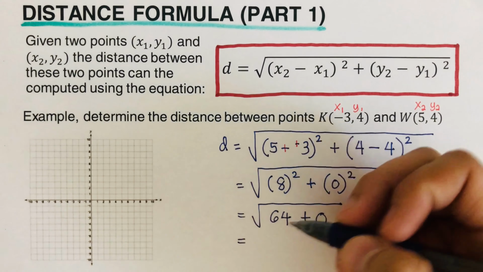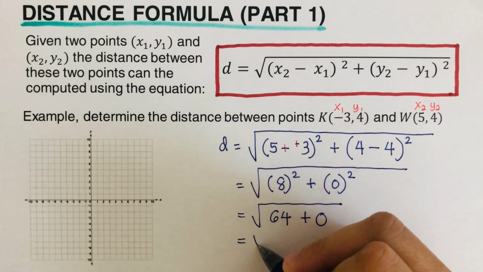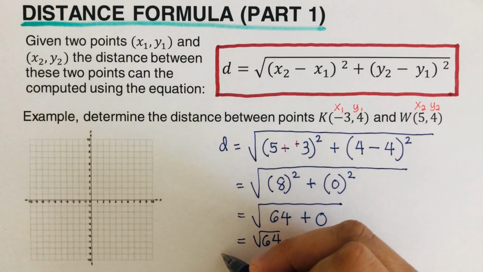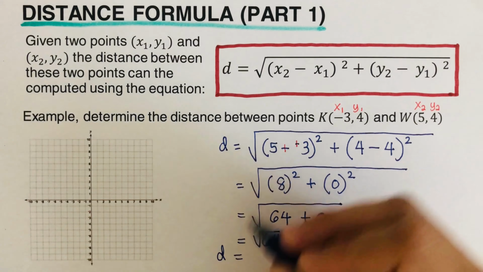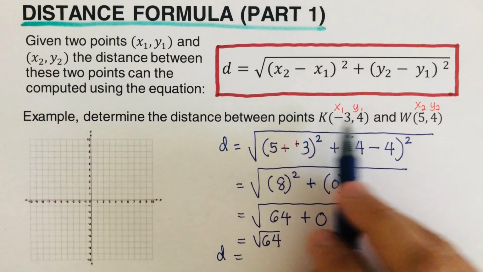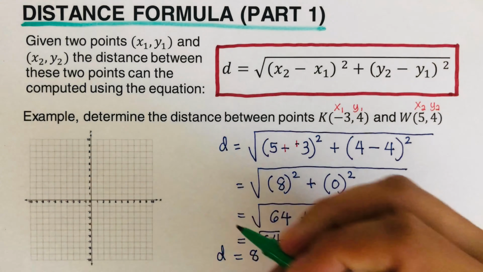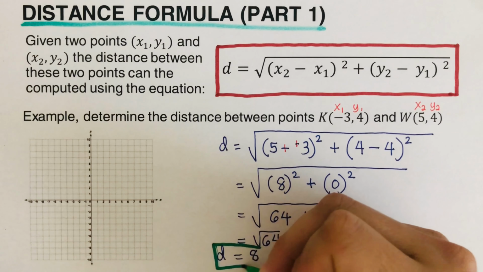So our answer is the square root of 64, which is 8. So the distance between point K and point W is 8, because the square root of 64 is 8.